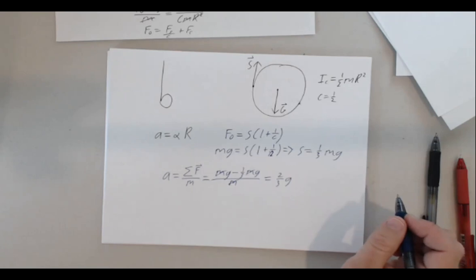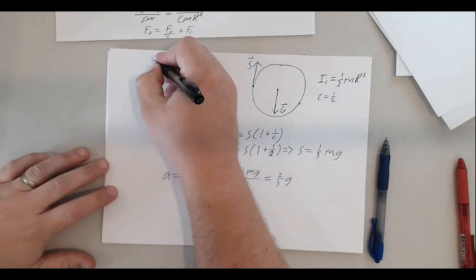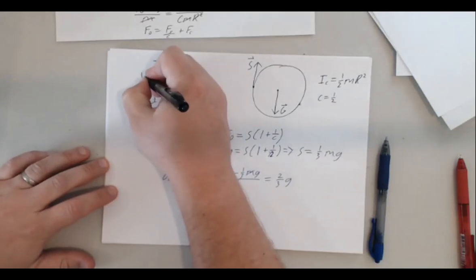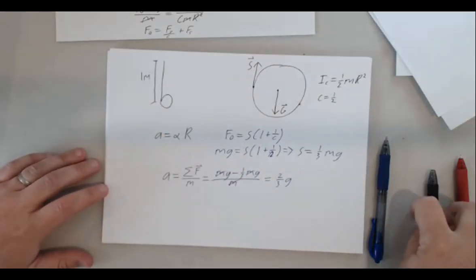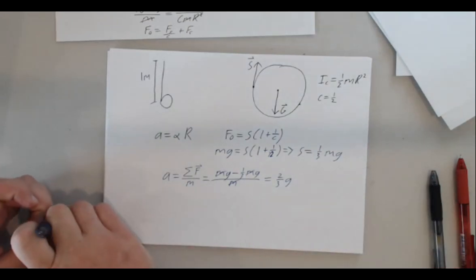What was it asking for again? Oh, okay. So the string is 1 meter long, and I want to know how long it takes to get to the bottom of the string, right? If I drop my yo-yo, how long does it take to get to the bottom of the string?